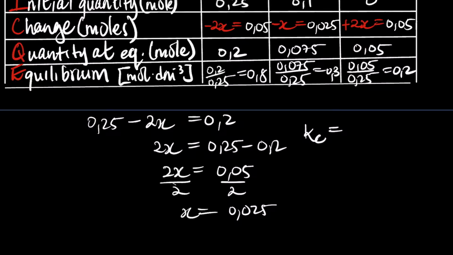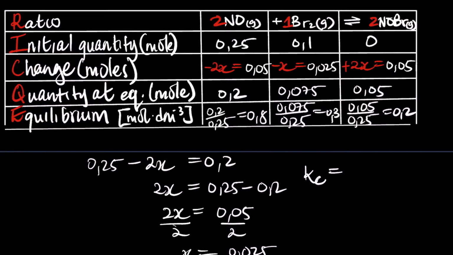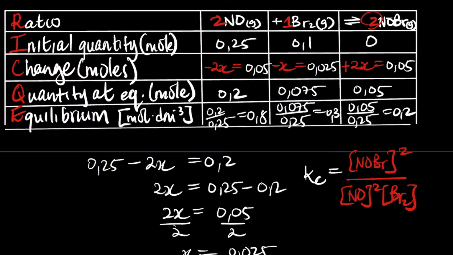Kc is equal to the concentration of the product, NOBr to the power 2, divided by the concentration of nitrogen oxide to the power 2 times the concentration of bromine to the power 1. So that will be 0.2 squared divided by 0.8 squared times 0.3.